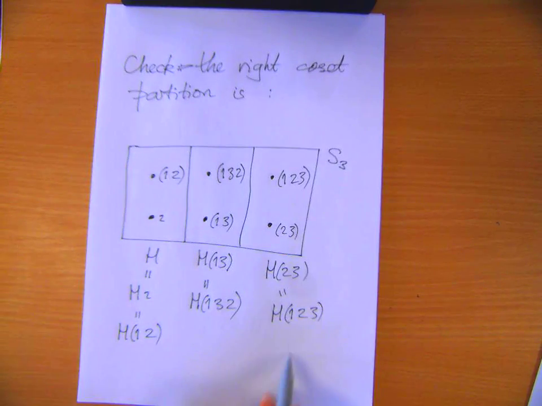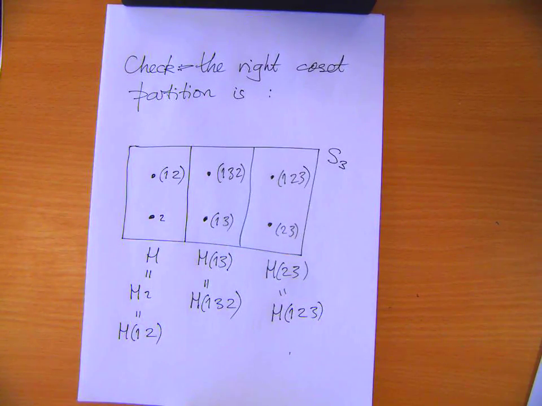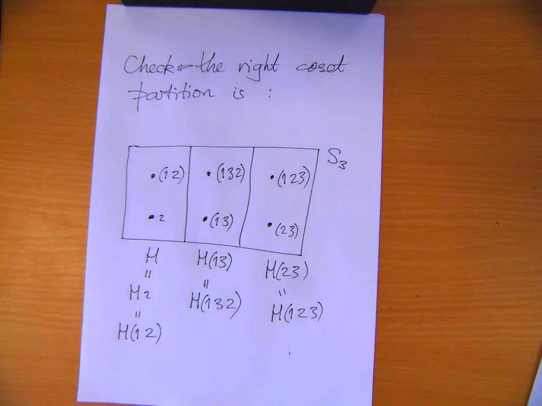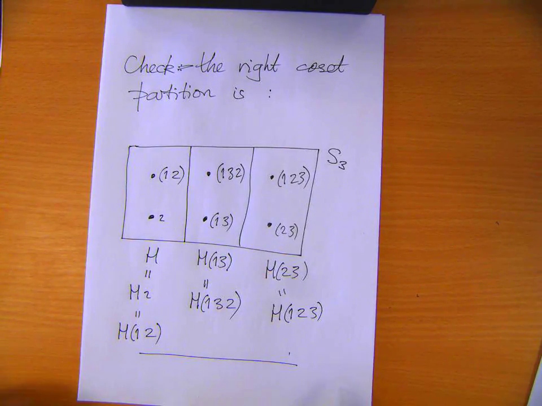So what this example shows is that in general, the left coset partition is not the same as the right coset partition. Now, in fact, it turns out that what's a very interesting case is when the subgroup is such that the left and right coset partitions are the same.